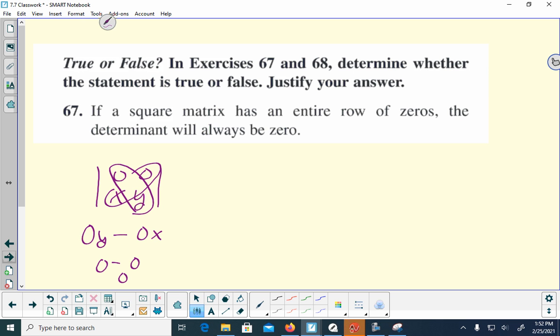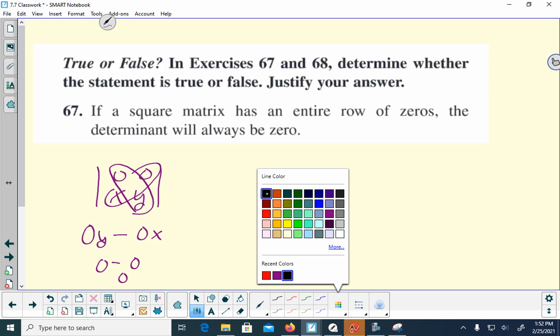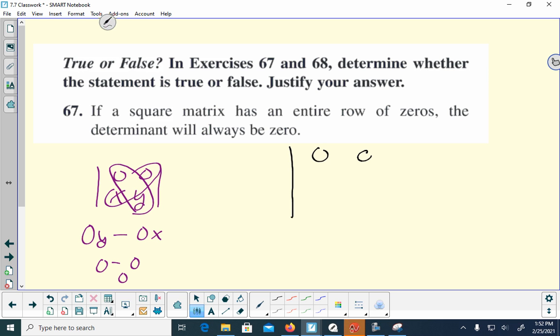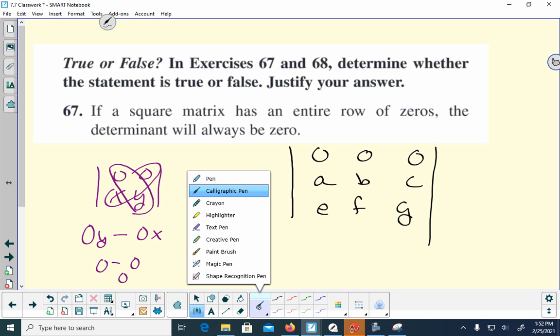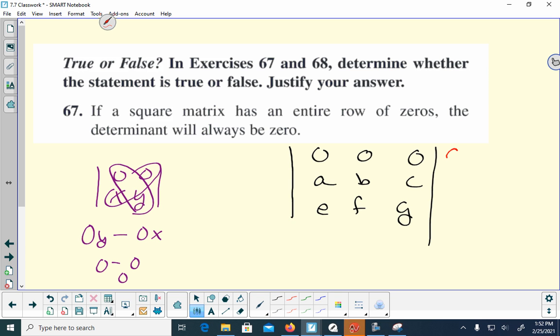If I did a 3 by 3, let's expand that to a 3 by 3, an entire row of zeros. Then let's do A, B, C, E, F, G. Now to do the determinant, I would copy down the first two rows again. So let me copy down 0, A, E, and then 0, B, F. When I go to do the loops, this will be a 0, this will be a 0, and this will be a 0.